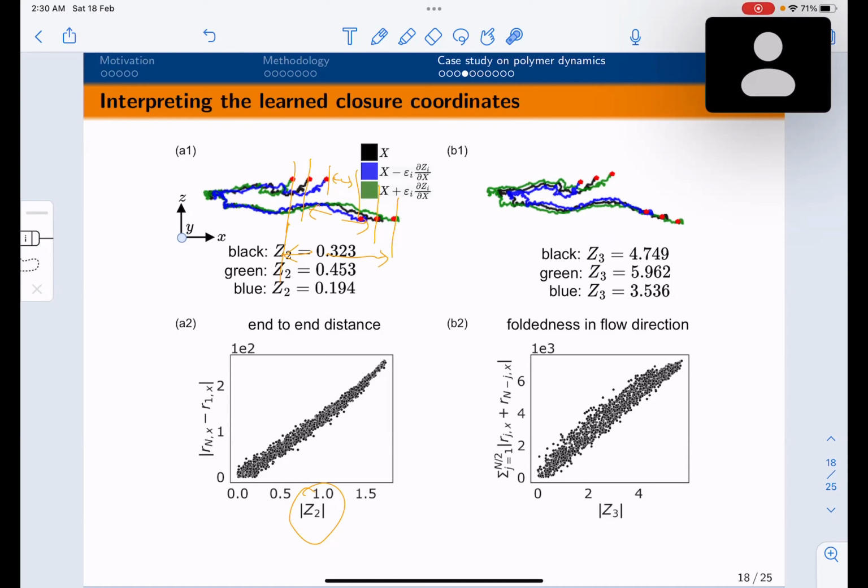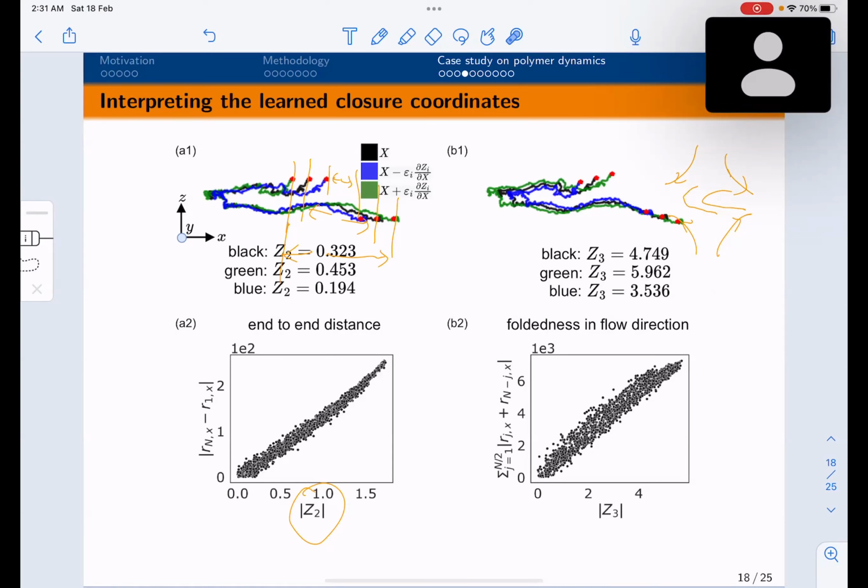We found that it has some physical meaning of the foldedness of the polymer, because in our elongational flow, if the polymer looks like this one and another one looks like this one, we say this one is much more folded than this one, because this polymer is unfolding very slow, because the flow maybe first goes to the folded state than the others.